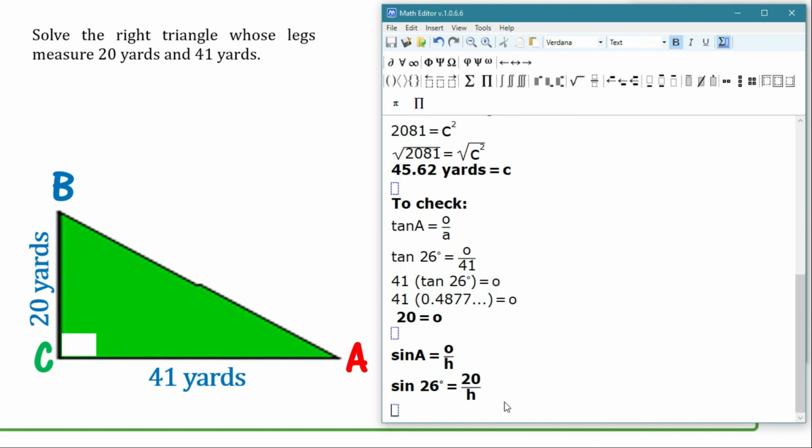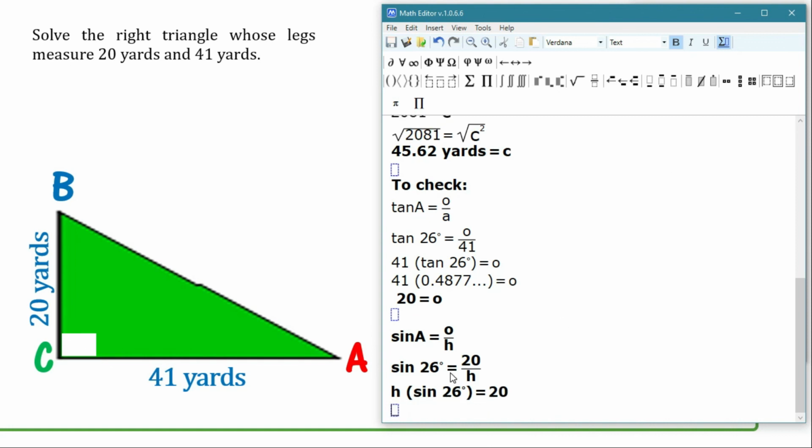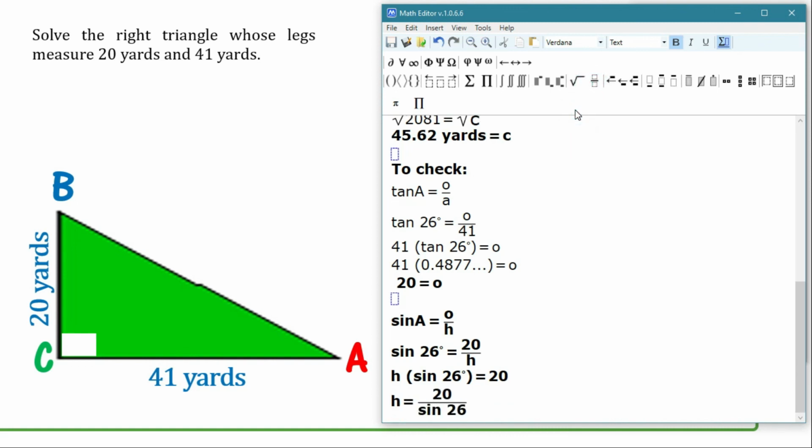We have to multiply both sides by h, making this h times the sine of 26 degrees equals 20. Okay? And then, since h lang naman yung hinahanap natin, we are to divide both sides by the sine of 26, making the equation h equals 20 over the sine of 26 degrees.